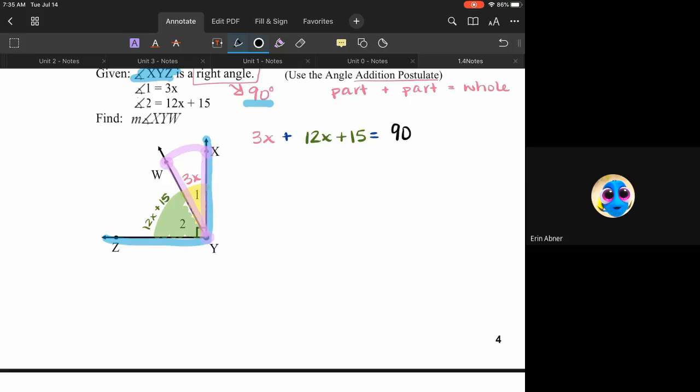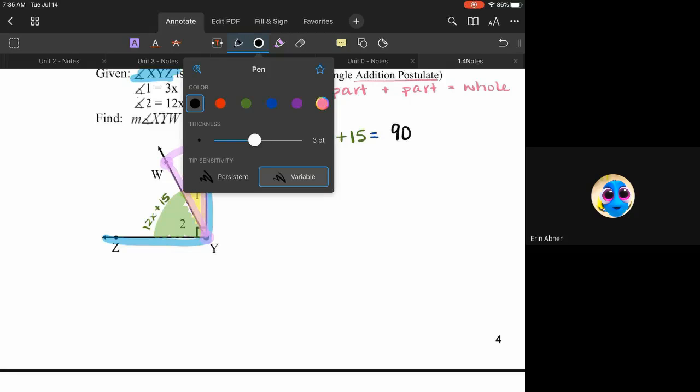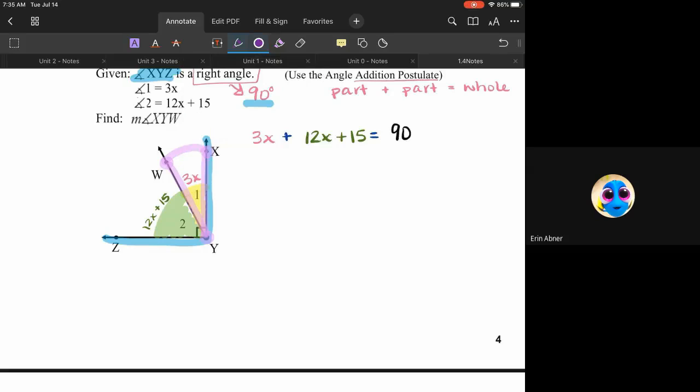Okay. So I have my parts. I have my green part. I have my yellow part. And then I have my whole. Okay. Got all my things taken care of. So now I'm going to solve for X. Easy enough, we can do that, right? We're going to use our algebra skills again.